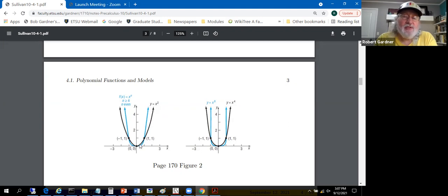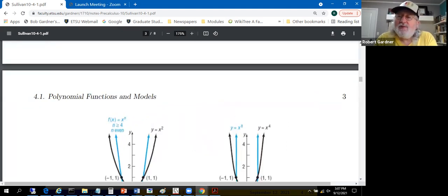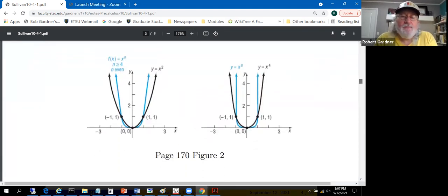That's how we're building this library of functions, kind of trusting that the shapes are as the book has claimed. And let's zoom in a little bit on this. All right, in blue, it opens upward, just like an upward-opening parabola does, just like the graph of y equals x squared does. So in that sense, they're similar in shape, whatever similar means.